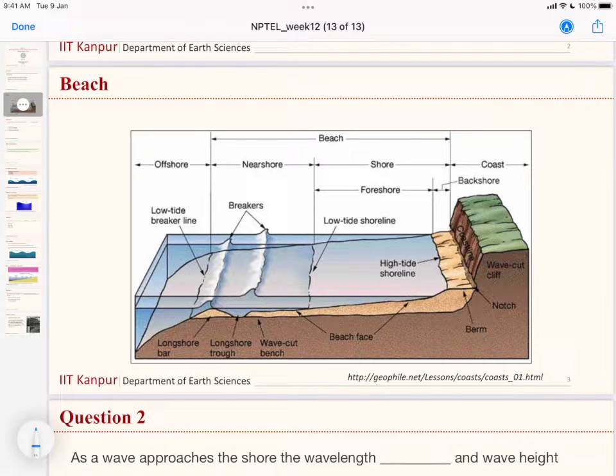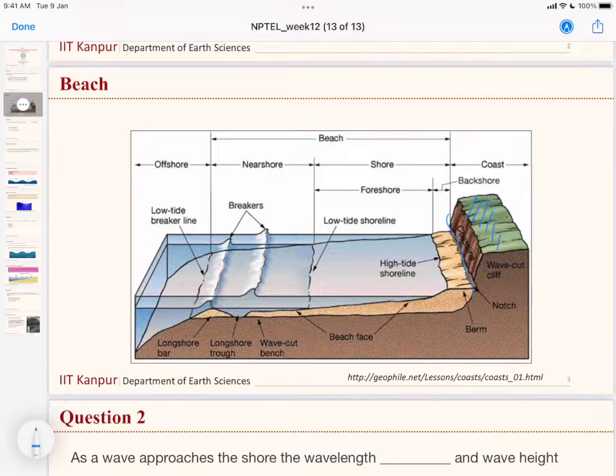In this illustration, if I start from the coastal side, which is on the right hand side, this is the coastal line which is represented here, and if we move towards the left hand side, the region from the coastal line to the high tidal shoreline we call a backshore.